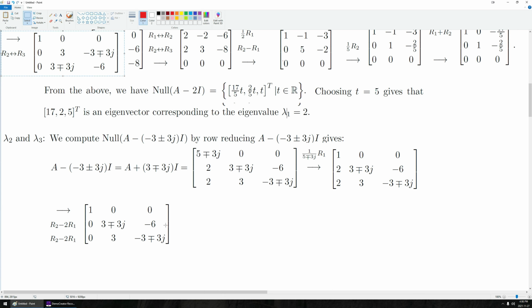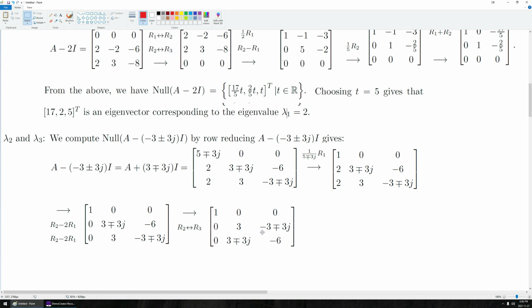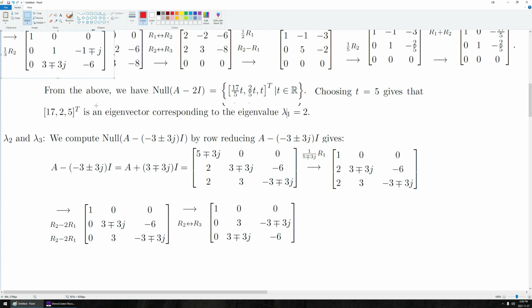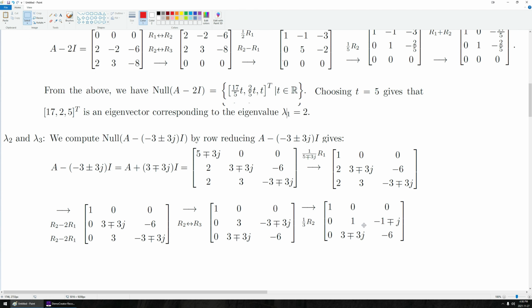Okay, so if I do that, it'll save myself quite a bit of work and make the computations a little bit easier. So let's just swap row 2 with row 3 to get this. Okay, now if I divide this term by 3, everything works out pretty nicely. So I'm going to replace row 2 with 1/3 of row 2. Doing that gives me this quantity here, 1, and this quantity, -1 minus plus j. Okay, that's pretty nice and easy.